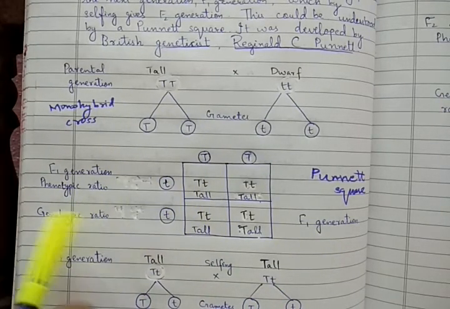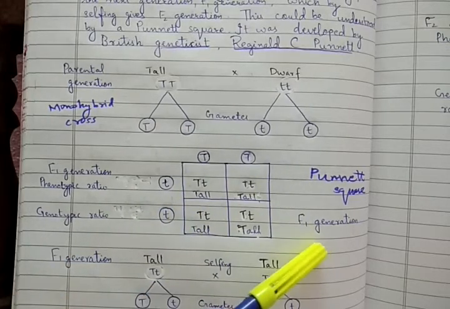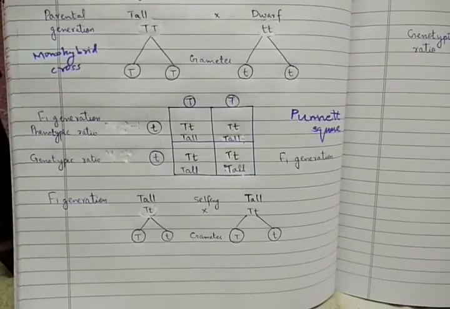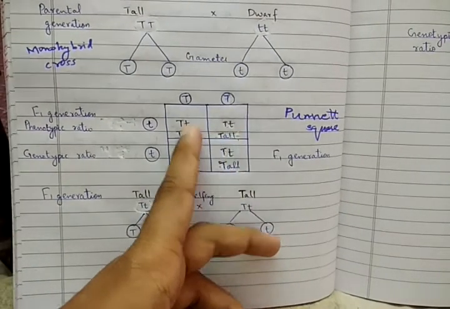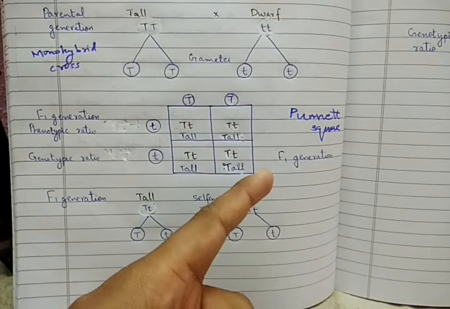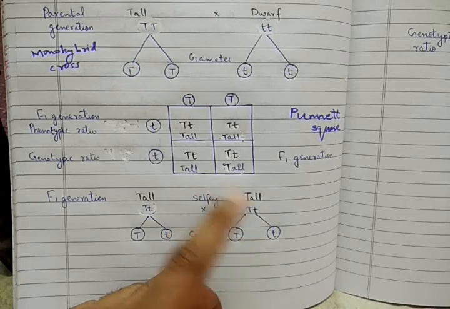And what we do, we take this character from the F1. From this F1 generation, we do the self-crossing process. I told you about the self-crossing process, where you take one of the F1 generation elements, because all of them are the same, and you do the self-crossing.